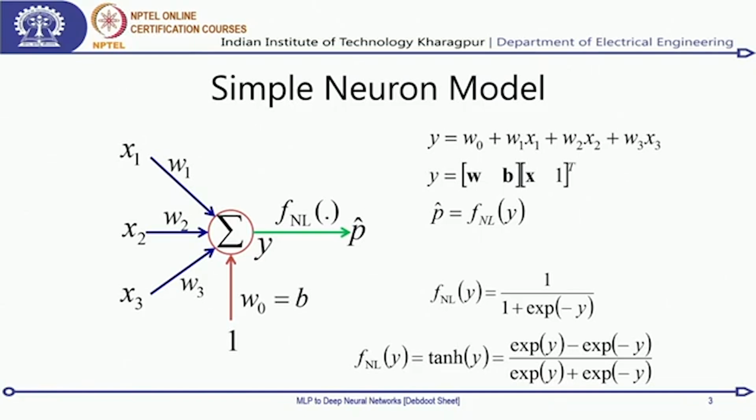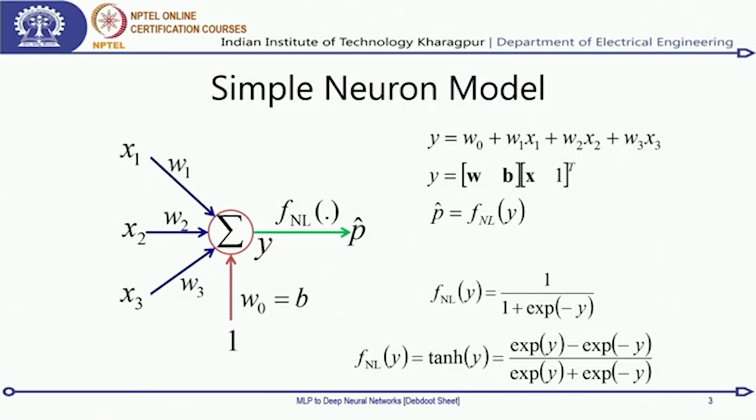And these nonlinearities can have multiple different forms, and we consider these 2 forms over here. The first form is called the sigmoid, the second one is called the tan hyperbolic nonlinearity. And to do a very basic recap, you remember that in sigmoid, as the value of y tends towards plus infinity, this value tends towards plus 1. As the value of y tends towards minus infinity, this value tends towards 0.